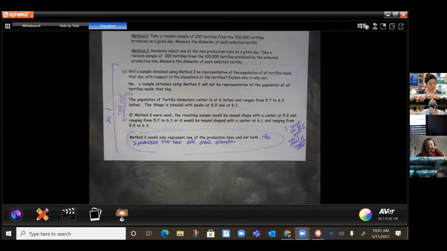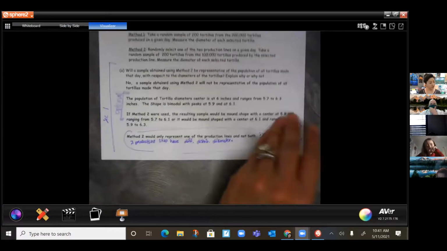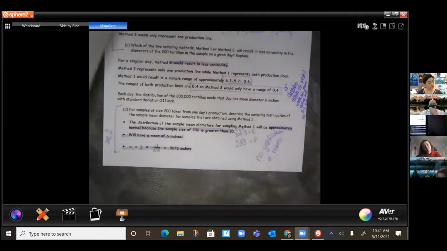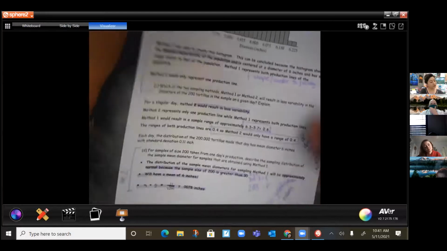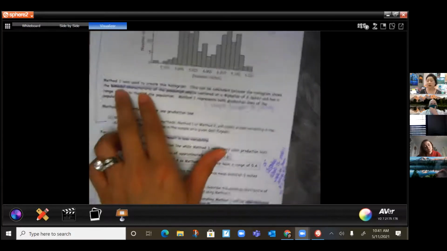You could have simply said that they have 2 different sample means and 2 different centers, and that would have been enough justification. So if you said no and then gave a proper justification, you got part A correct. For part B, they're looking for you to recognize the bimodal nature.